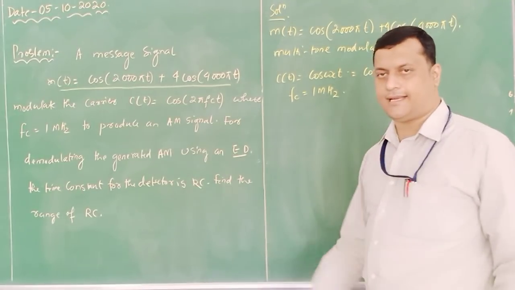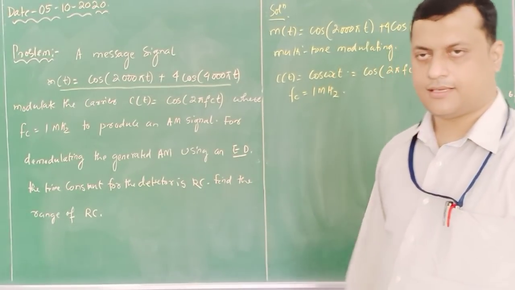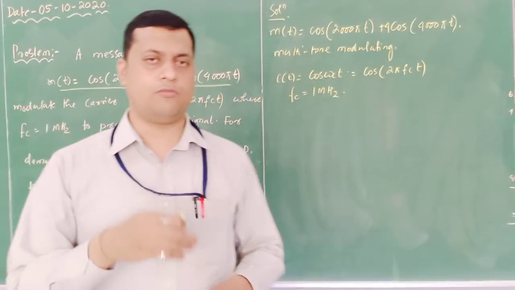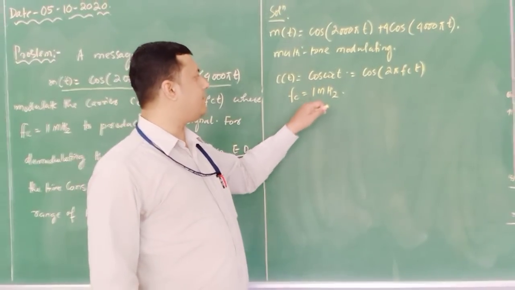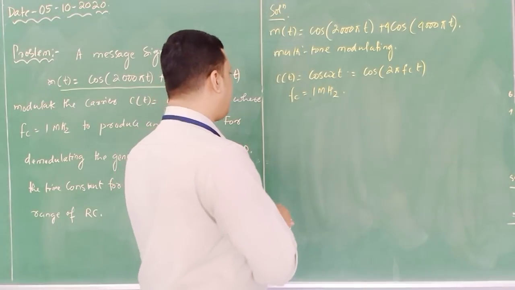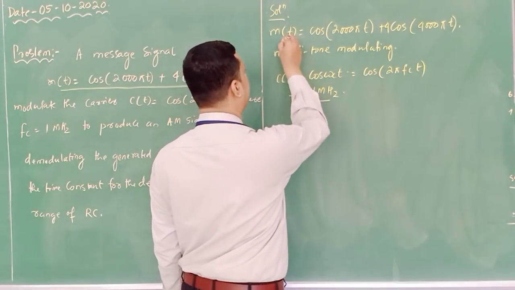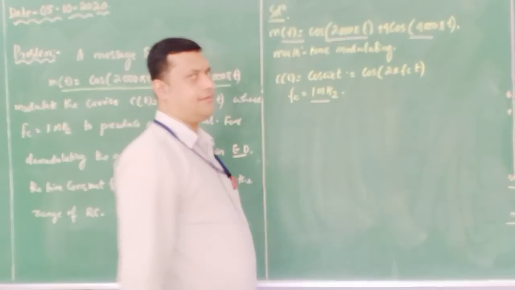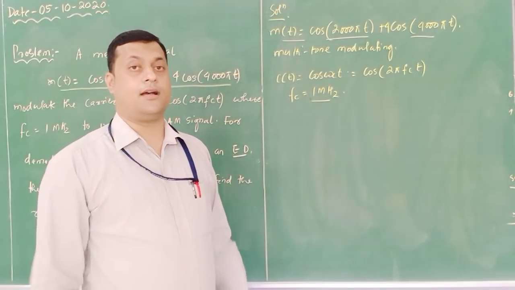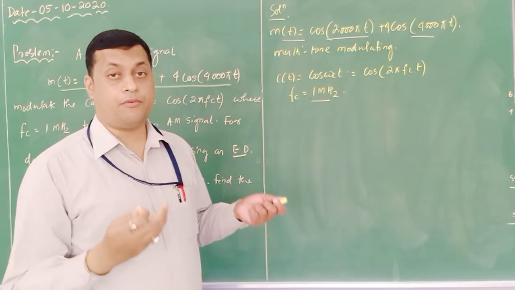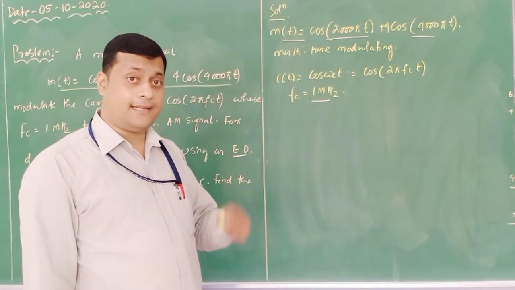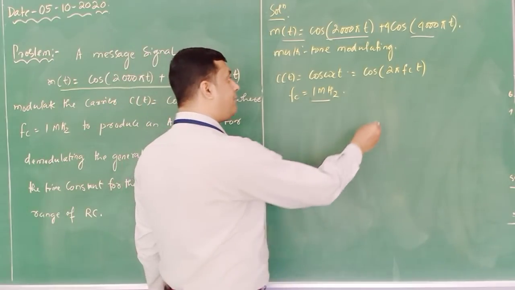So this is the data provided in this question: this multi-tone modulating signal modulates the carrier. Then how are we going to decide which frequency component is going to modulate? That is the thing when we are identifying the bandwidth.